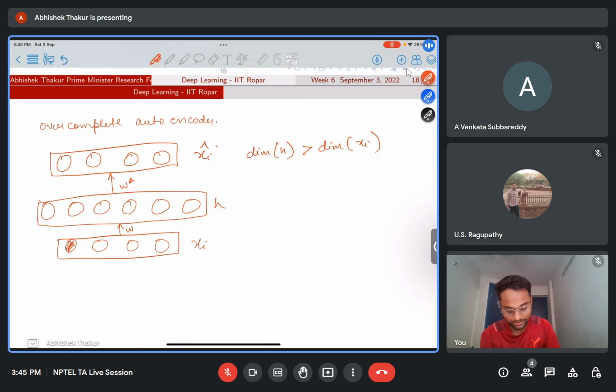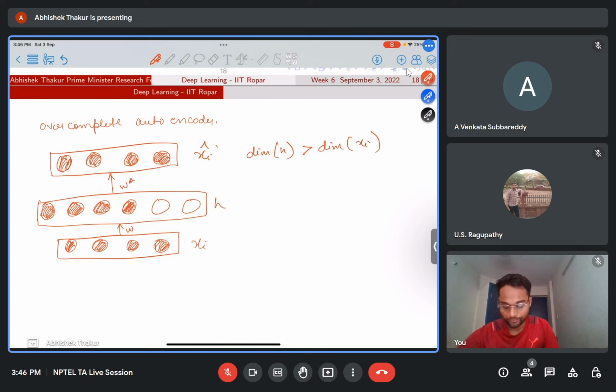Let's suppose these are the inputs. We can directly copy all those inputs into this hidden layer, and again in the output we can reconstruct it. Then we get exactly the same output, but this is useless.